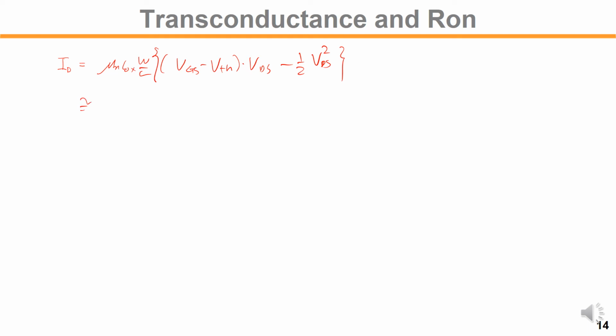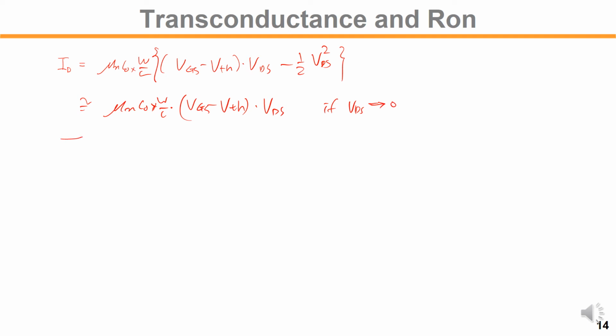We can approximate it as W over L times VGS minus VTH times VDS if VDS is small, approaching 0.